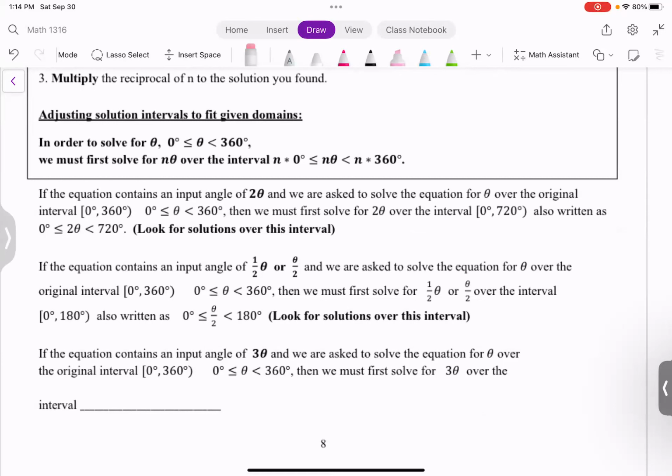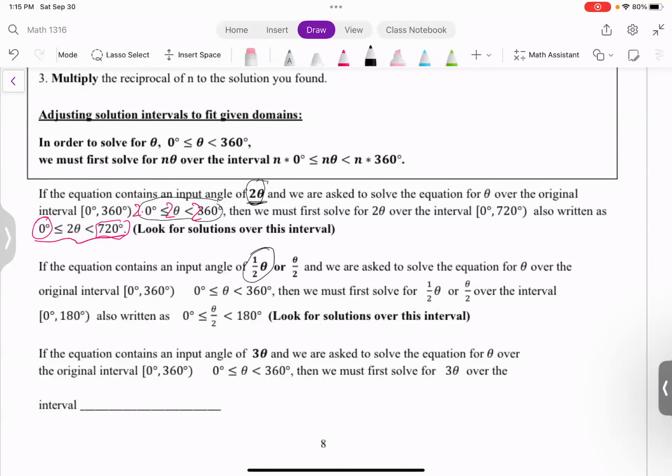If I ask you to solve for theta between 0 and 360, and my equation contains the input angle 2 theta, 2 times theta, that means everybody multiplies by 2. Then the new interval for 2 theta starts from 0 degrees, and the bound on the right is 720 degrees. How about the next one?